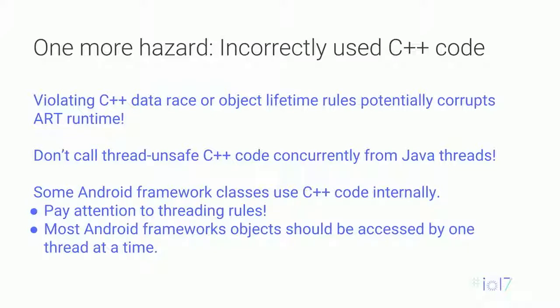So one more hazard that I want to go over quickly, in part because this is near and dear to my heart because it took several months of several people's time to debug platform code that had this issue. If you're using C++ code in this way, you need to be really careful that you're actually calling it correctly and not violating the C++ rules underneath. And that can be quite tricky to do correctly.